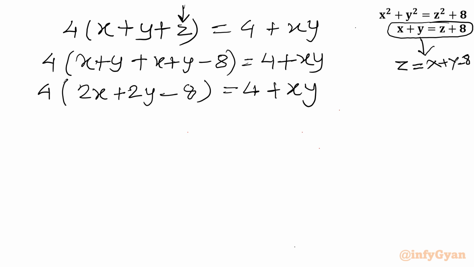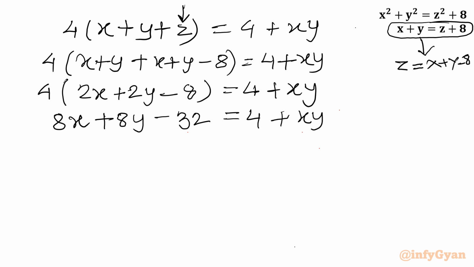Now I will expand. I will write 8x plus 8y minus 32. This will be equal to 4 plus xy. Now take all the terms to RHS. So I can write xy minus 8x minus 8y plus 36 equal to 0.